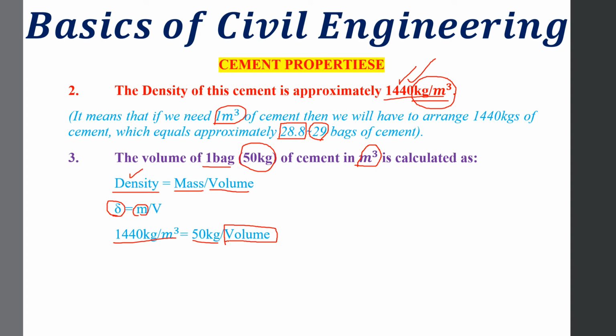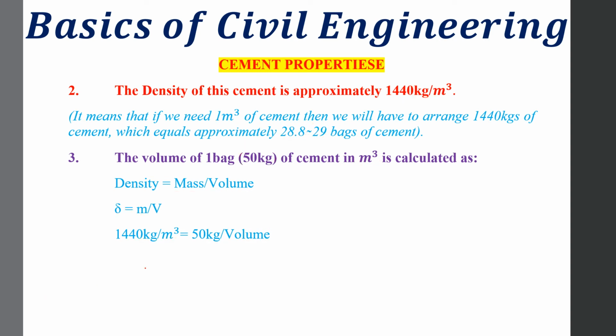So how can we calculate the volume? We will rearrange this equation. We will take this volume to the other side, and we will transfer this 1440 kg to the position of volume. So this is called rearranging the equation. When we rearrange the equation, it becomes: volume is equal to 50 kg divided by 1440 kg per meter cube.